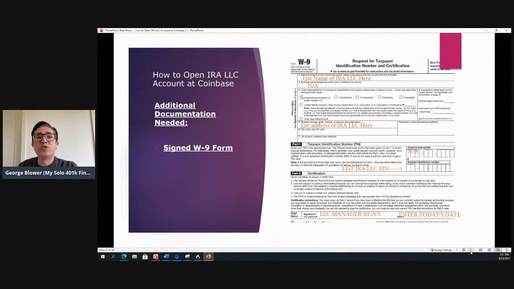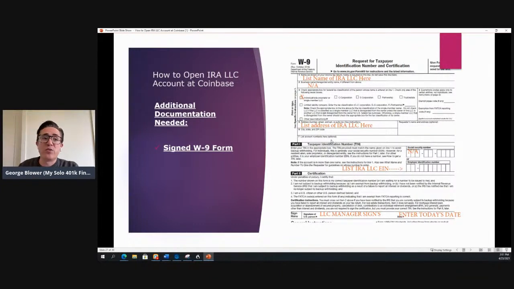So as mentioned, there is a requirement to upload a W-9. So this page here gives information about how to complete the W-9. So you're going to list the name of the LLC in field 1, enter NA, not applicable, for field 2. You would check the first box indicating a single member LLC.